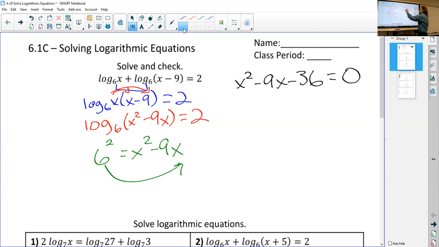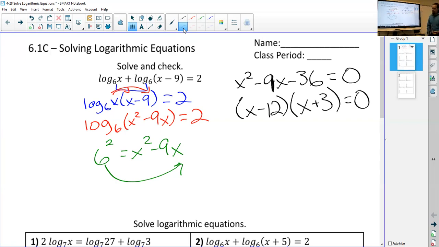So we're solving the quadratic, so I'm going to look for factors first, since I know all my answers are integer values today. I know this should factor out. So what multiplies to negative 36 and adds up to negative 9? That's 12 and 3. Since our middle term is negative, that means the higher number has to be negative, so minus 12 and positive 3.